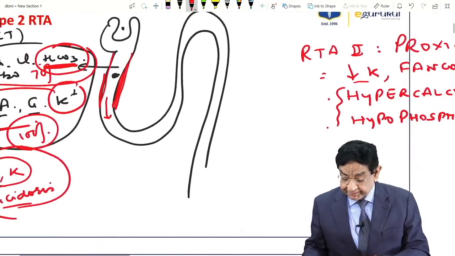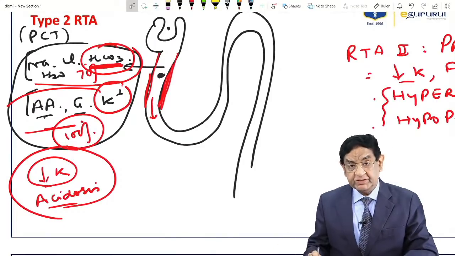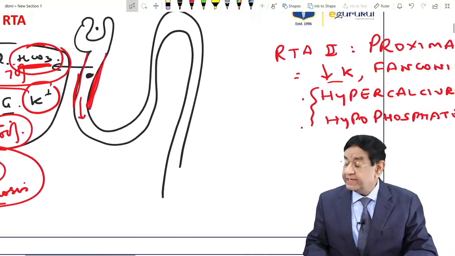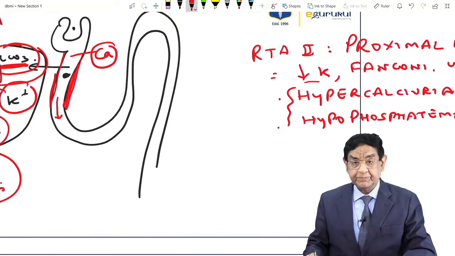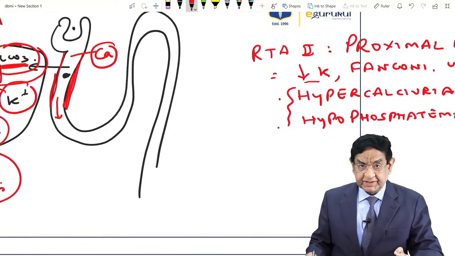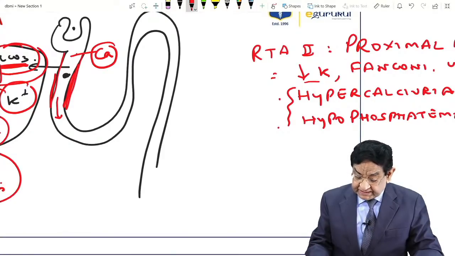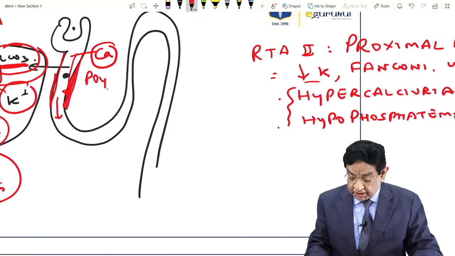Again we come back. So what happens in this condition? In type 2 RTA, we also know that calcium is also absorbed here. So as this PCT is not functioning, this calcium will also go out, and the phosphate also goes out.